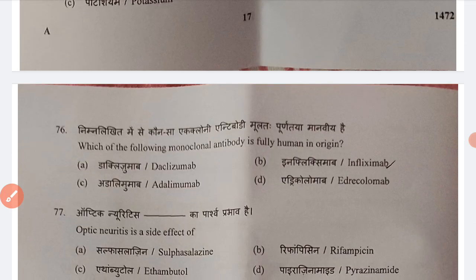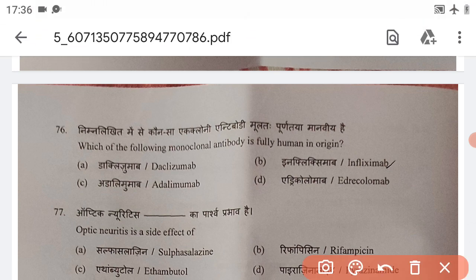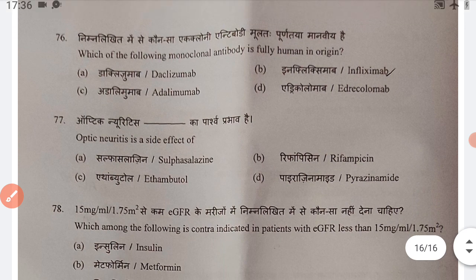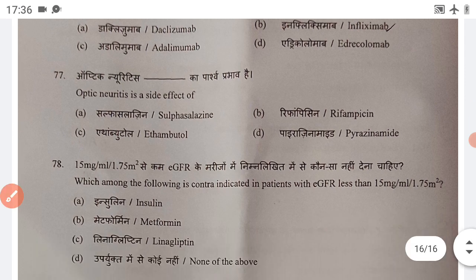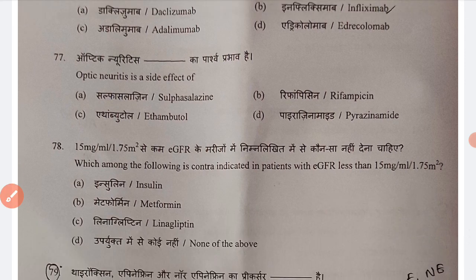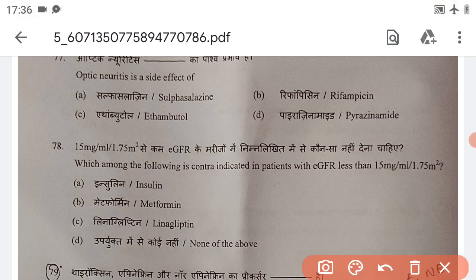Which of the following monoclonal antibodies is fully human in origin? Examples are adalimumab, infliximab. So the right answer is option B, infliximab. Next, optic neuritis is a side effect of ethambutol. Option C. Which among the following is contraindicated in a patient with low GFR? The right answer is option B, metformin.